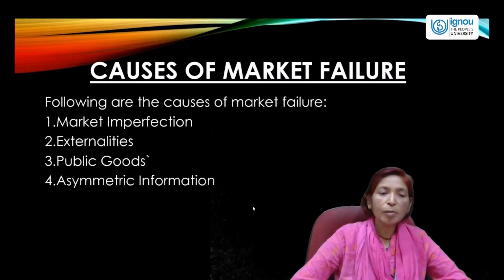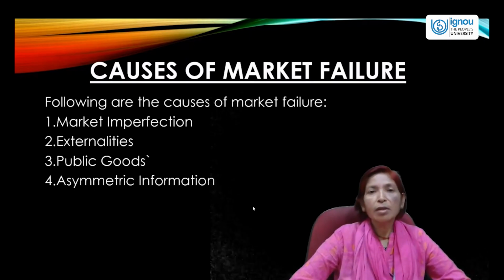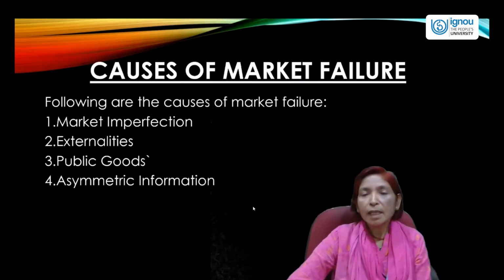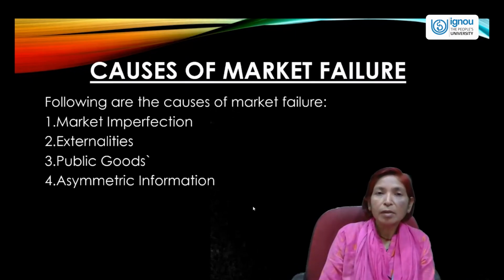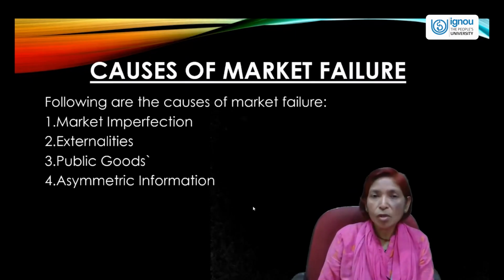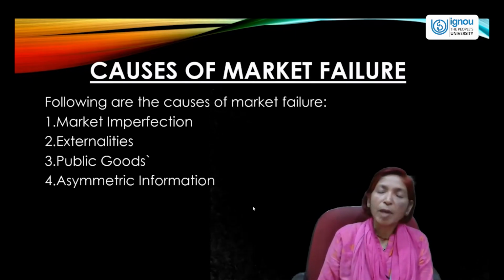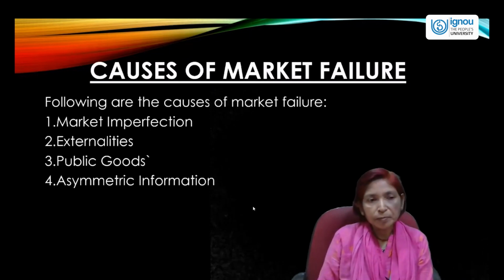If the consumer buys that product on the trust of the seller, then it may create a negative effect on the consumer. So in this case, the market will become a failure.